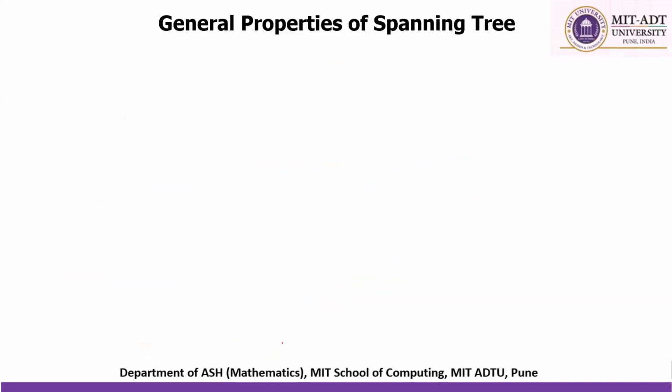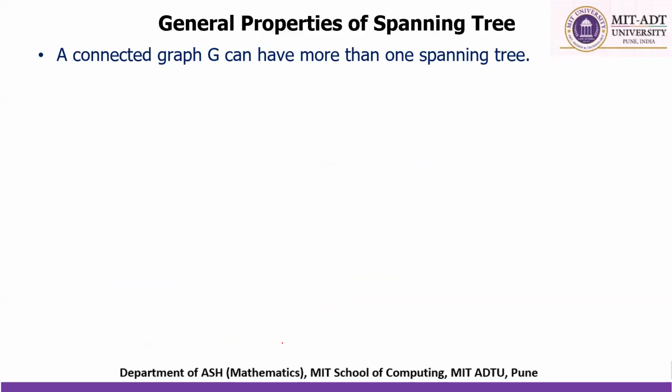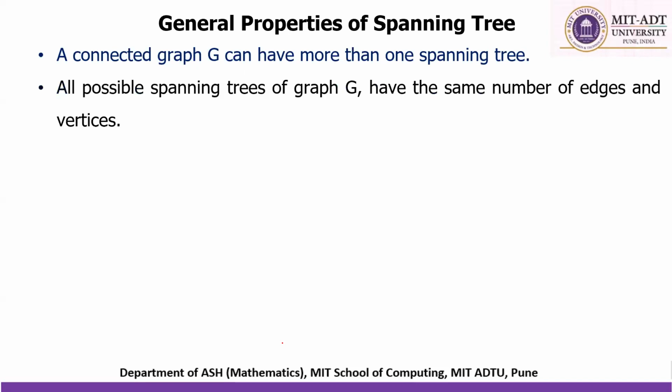What are the general properties of a spanning tree? The first property is a connected graph G can have more than one spanning tree. Second, all possible spanning trees of graph G have the same number of edges and vertices.